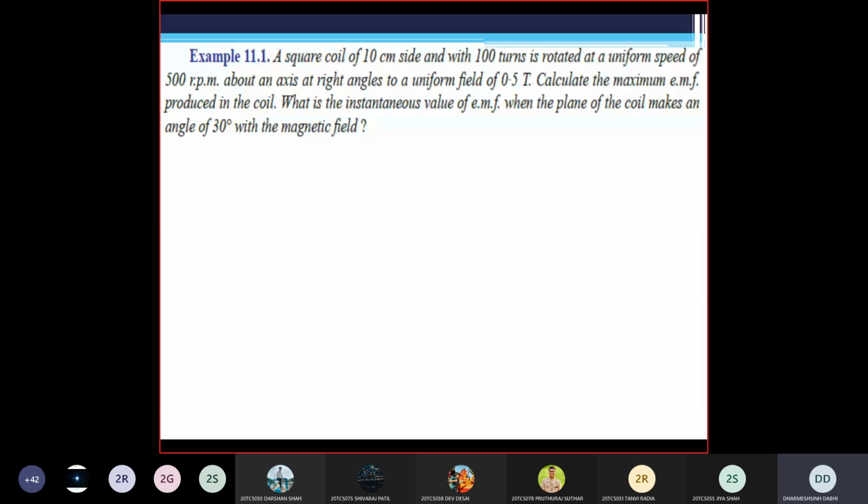If your coil rotates at 500 RPM, it will rotate 500 divided by 60 times in 1 second. So the frequency of this waveform is 500 divided by 60. Yes or no? So calculate omega by the equation 2 pi into F.